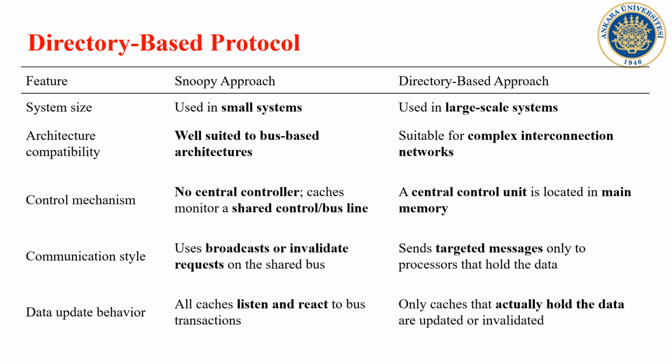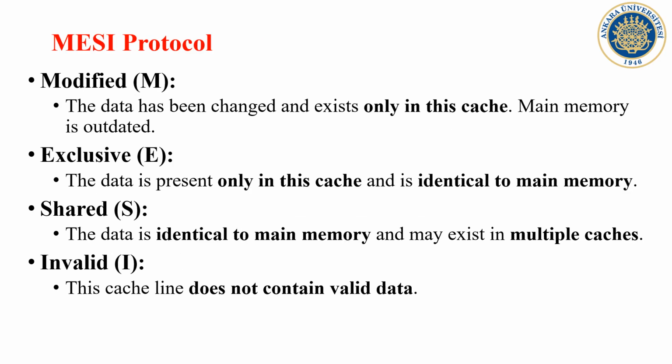In directory-based systems, a central controller in main memory tracks data ownership and sends targeted updates, whereas Snoopy systems rely on broadcast over a shared bus. In terms of failure, Snoopy systems depend heavily on the bus, while a directory-based system may suffer from a central control bottleneck.